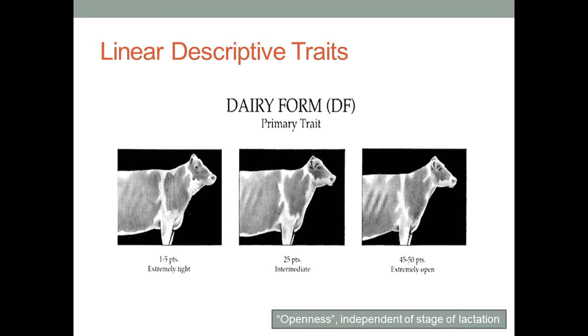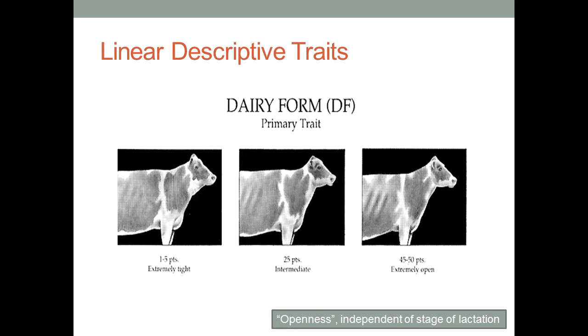So now that we've remembered what these traits are used for, let's go back and talk through some more. Dairy form is a primary trait, and it focuses on openness of rib. A tricky thing when assessing dairy form is that it needs to be scored independent of stage of lactation.